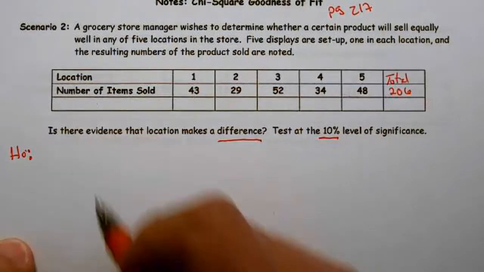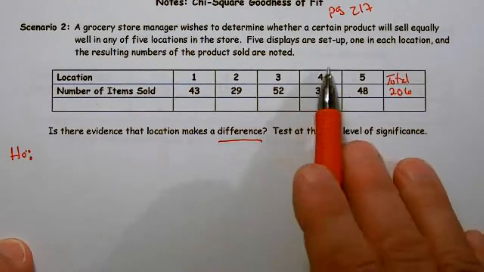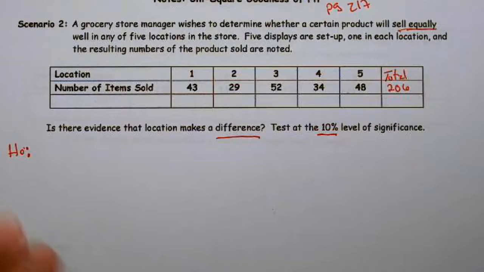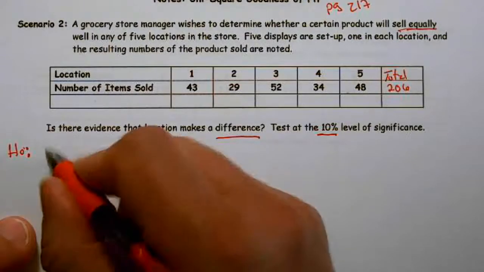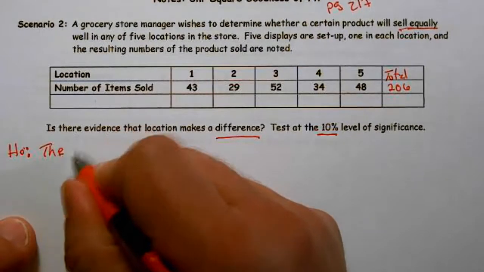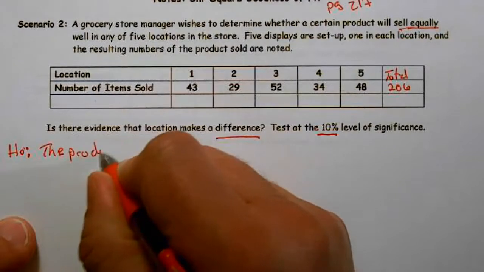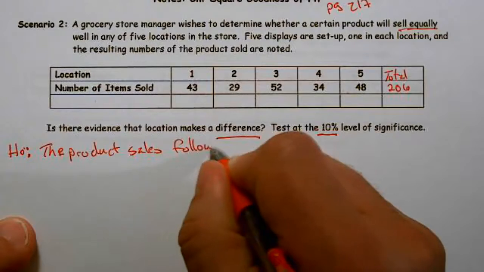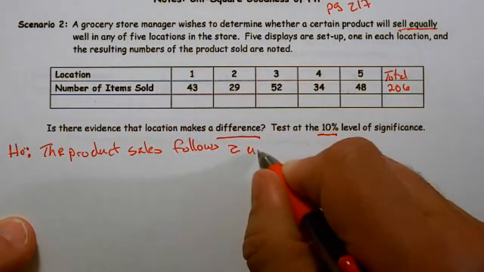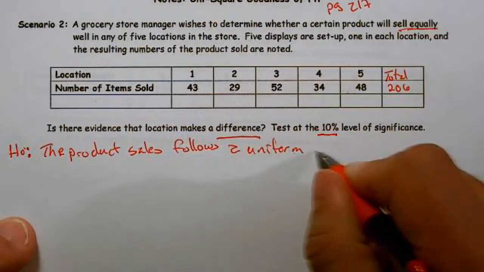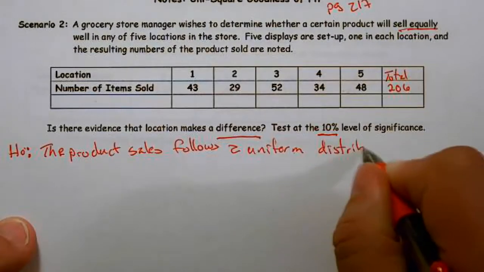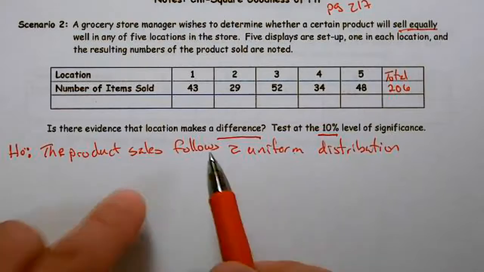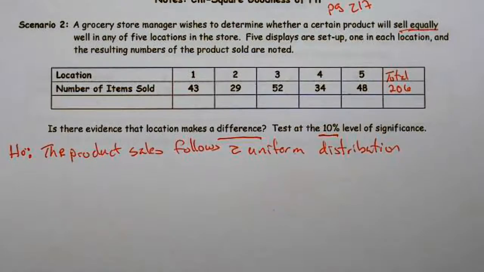And we have a couple ways to go. They're saying they sell equally. So in other words, if they're equal, we're talking about a uniform distribution. So we can say the product sales follow a uniform distribution. Now, if that bothers you, and it's okay if it does, you can say sales are the same for each location.